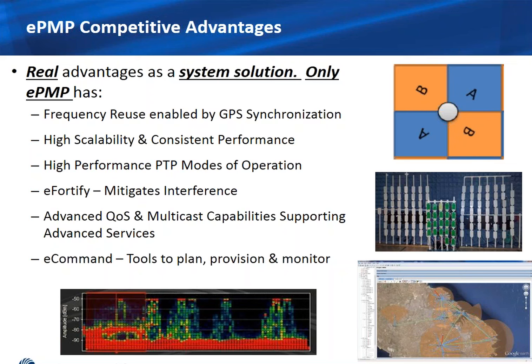And then finally, we have a set of tools that help you plan, provision, and monitor your system. And key among them is the very popular Link Planner tool, which last year was updated to allow you to do planning of point-to-multipoint and point-to-point networks using ePMP.